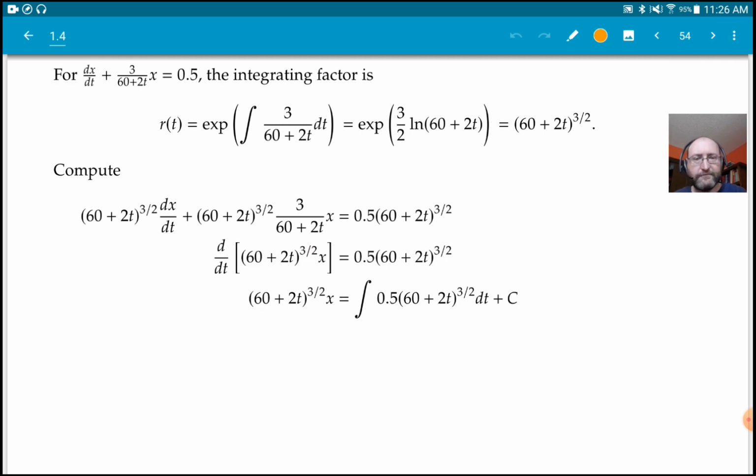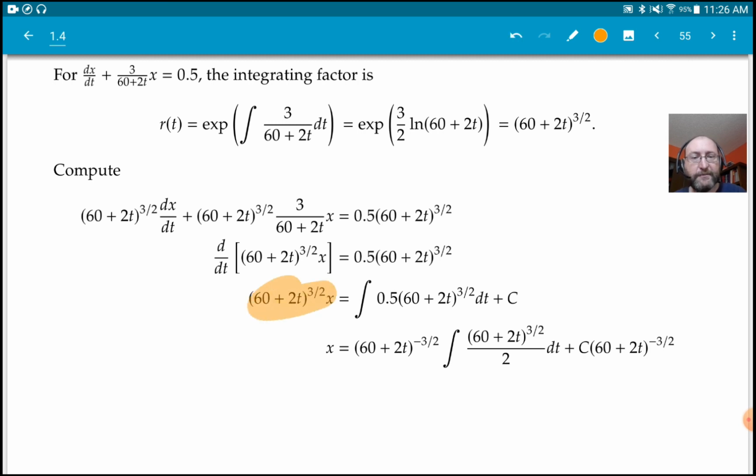We integrate. So the left-hand side is still this. The right-hand side is now this. And we solve for x, so we divide by this, which is just like multiplying by the minus 3/2 power. And so we get this formula over here.